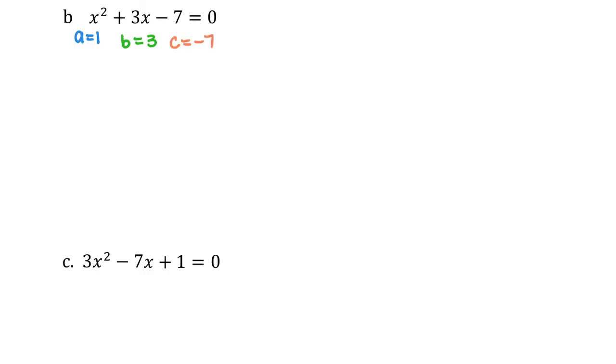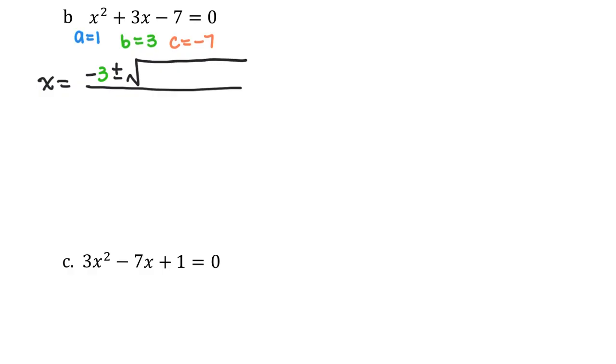Since I'm trying to find x, I'm going to say x equals a big fraction. Okay, keep looking back up at your formula. It's going to be negative b, b is 3, so negative 3, plus and minus, a big square root sign. Inside the square root sign, I have b squared minus 4ac.